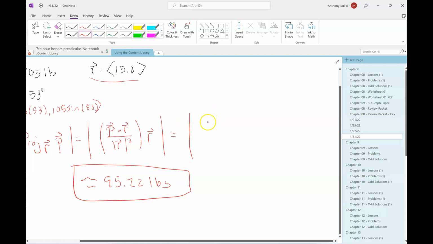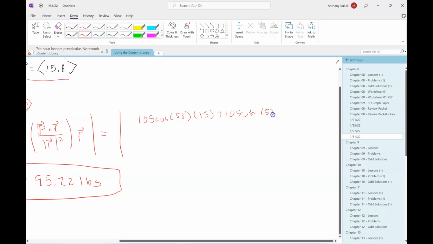So I do 105 cosine 53 times 15 plus 105 sine 53 times 8 over 15 squared plus 8 squared. And I still have to multiply that by the vector 15, 8, right?